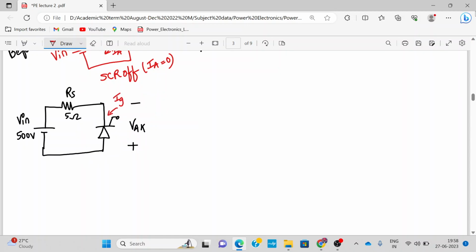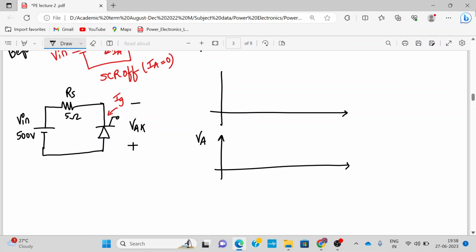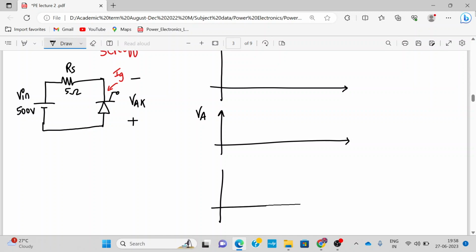Alright, so let's plot your IG characteristics again, your IG curve, then the VAK waveform, and finally versus time, the current which should flow in the circuit.